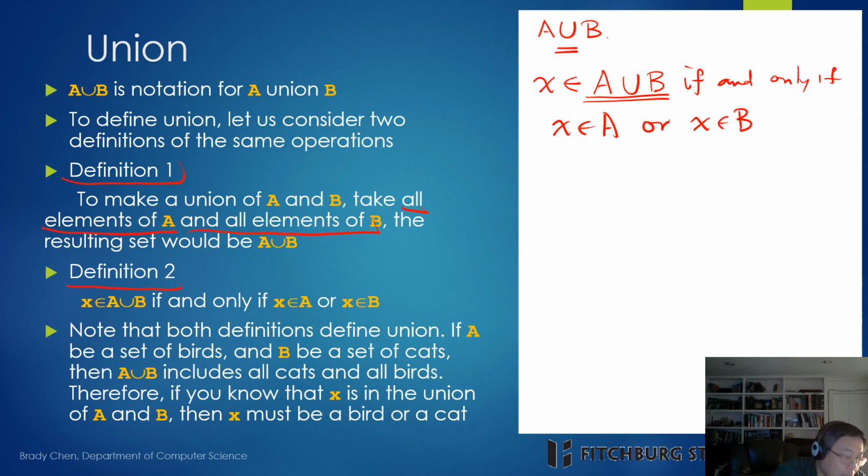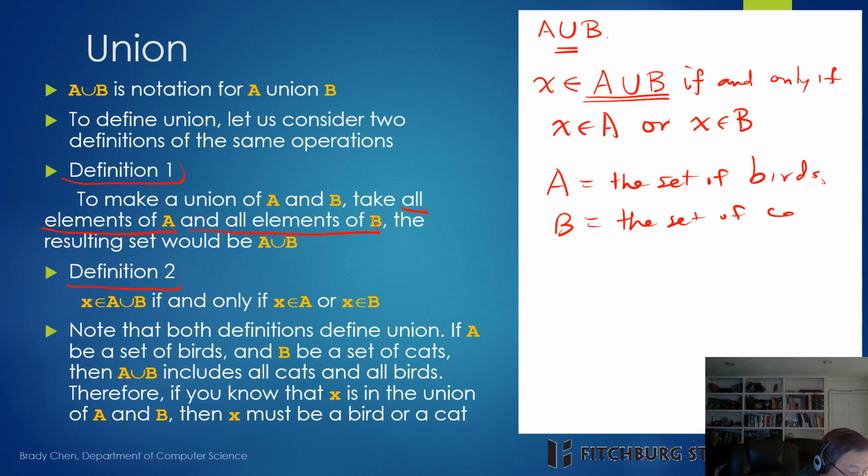Now let's take a look at the example. Just use the example of the previous slide. If A is the set of birds and B is the set of cats. Okay. Now what's A union B?